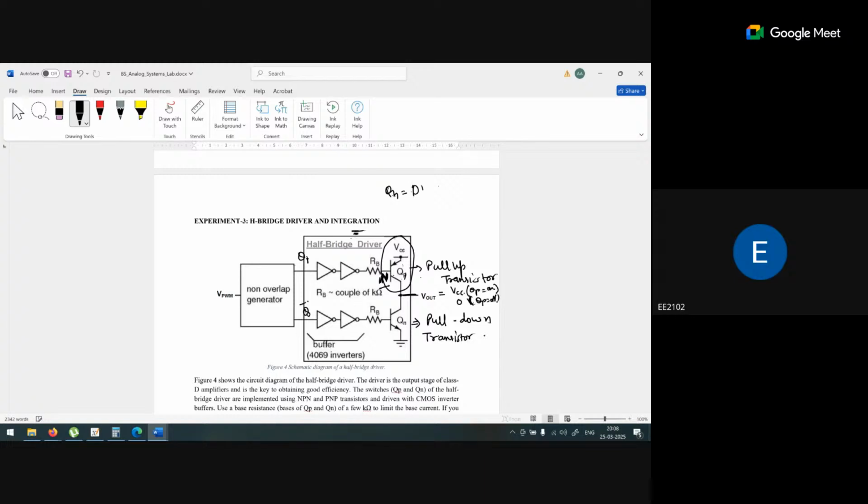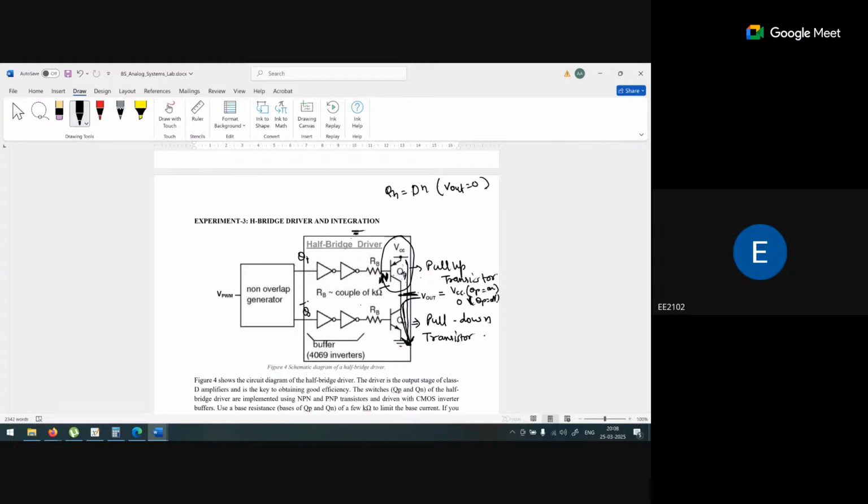So we are getting V out as 0. Why? Because when it is on, the V out is connected to the ground. If these two are on, we can say all the VCC will pass into the ground, and we are getting V out as 0.